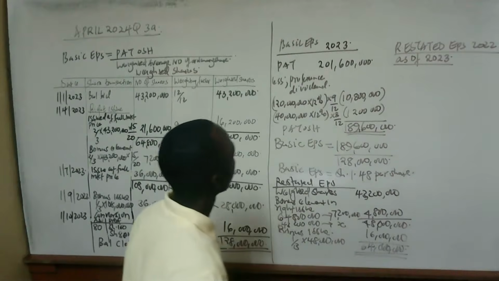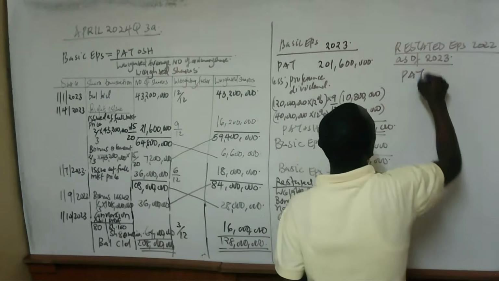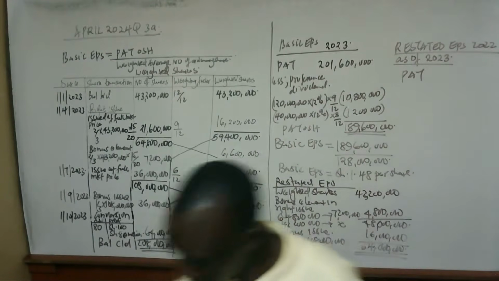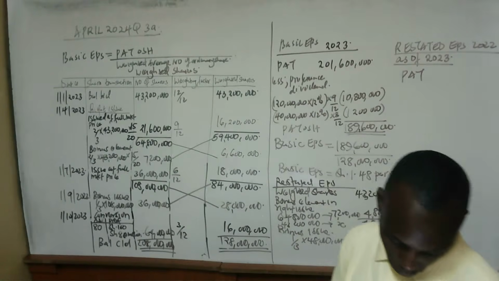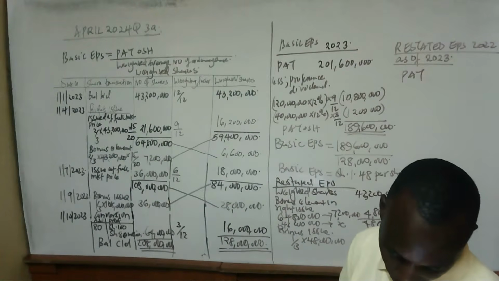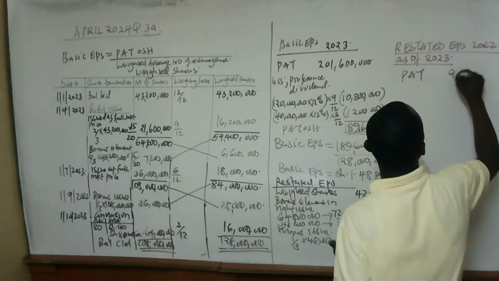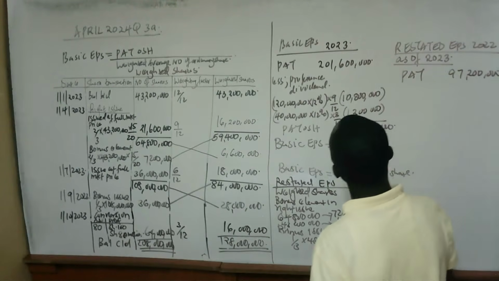In this case, again, we are given the profit after tax. Profit after tax of how much? We are given a profit after tax by the examiner of how much? 97,200,000. We are given 97,200,000. Then we can compute what?